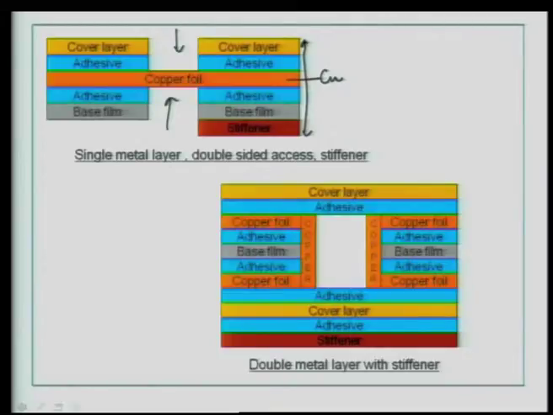Now, in this structure here you have double metal layer, that means you can see this is the copper structure, two metal layers, adhesive and cover layer polyimide at the top, and here you have an adhesive and cover layer, and since you are providing a stiffener, you are providing another set of adhesive layer along with the stiffener. So, the choice of stiffeners is a key requirement that goes with the design and the requirement in the product by itself.